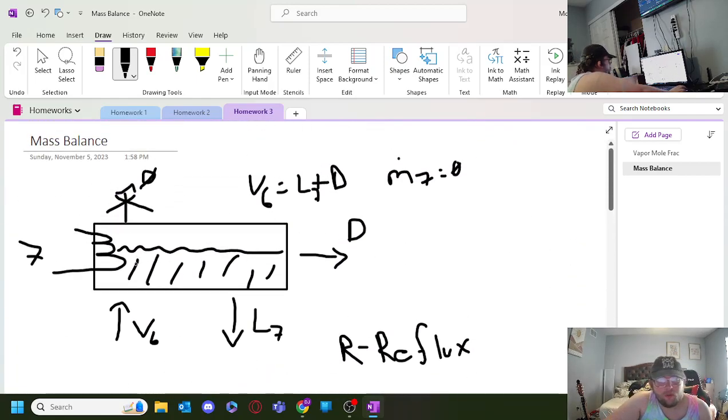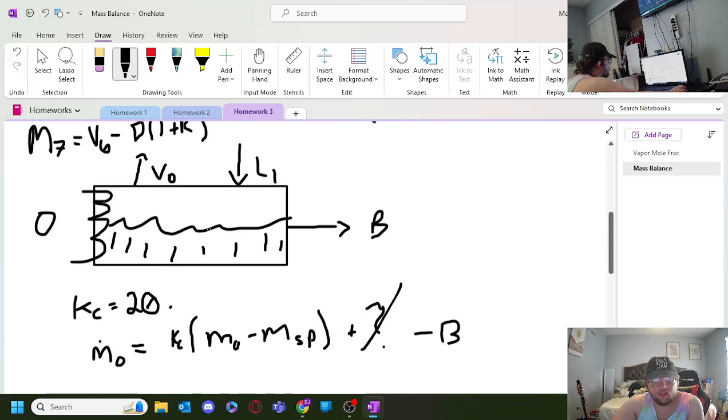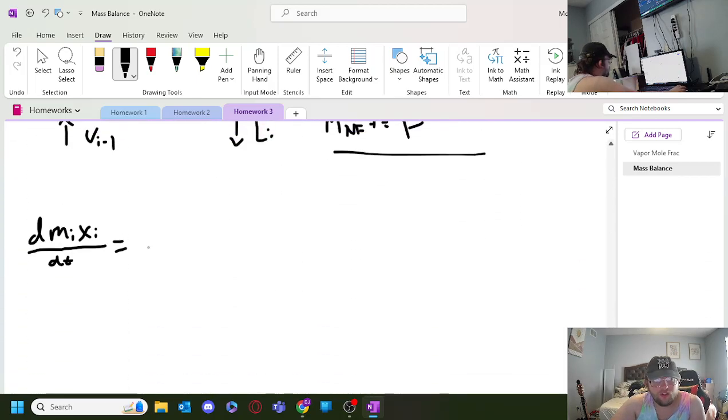So, for example, up here, reboiler, just like how we got our change in mass here, the V6 minus D1 plus R, the composition, so the vapor mole fraction at stage 6 times the vapor flow rate at stage 6 minus the liquid mole fraction times D1 plus R.